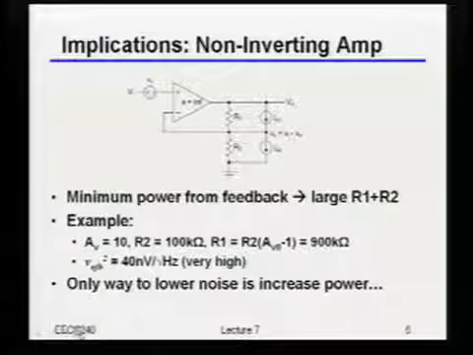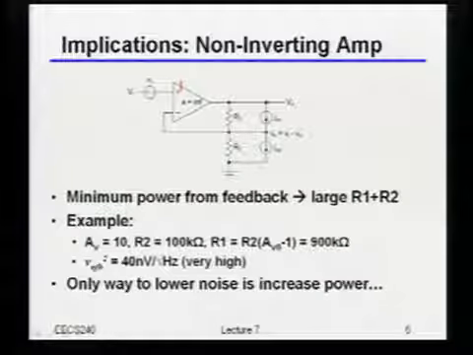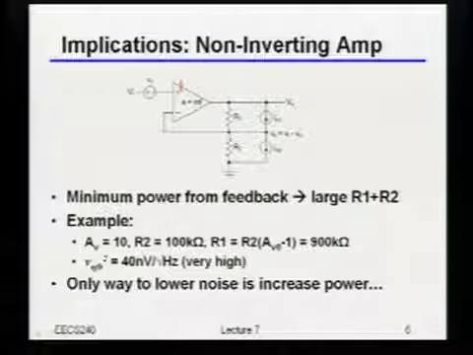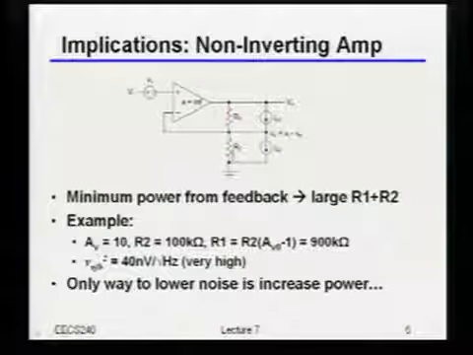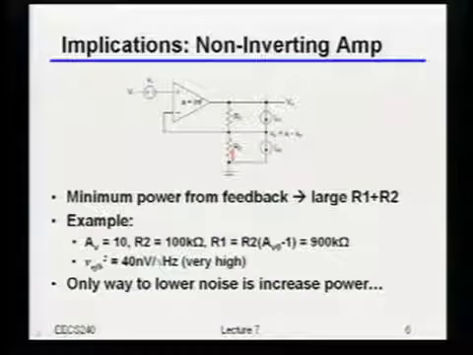Okay? So let's say I take this non-inverting amplifier that we talked about a second ago. I want to build that up, and if I'm building that amplifier, these resistors are really just supposed to be setting my feedback gain, right? Other than that, they're not serving any useful purpose for me.